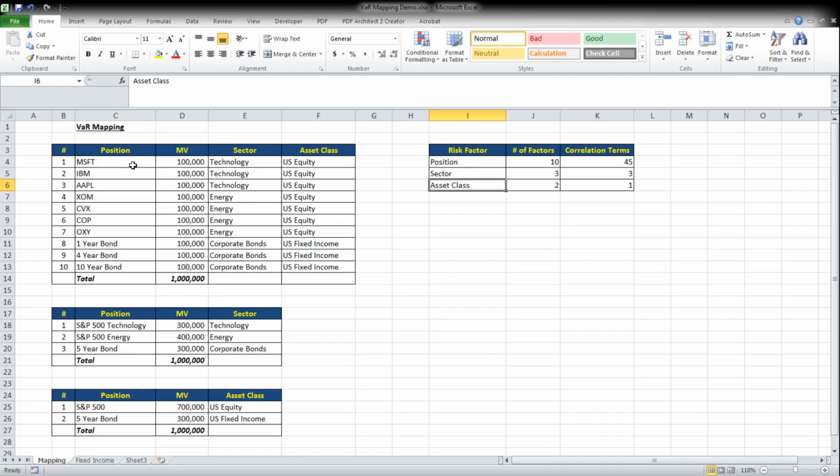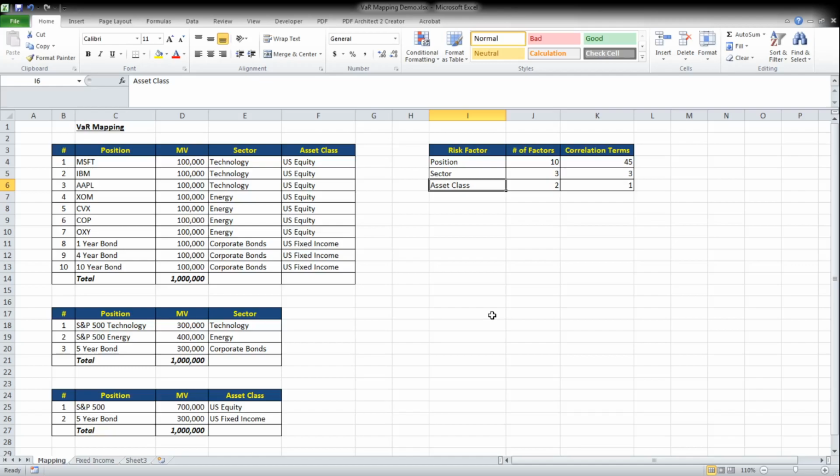So by ignoring the risk factor of each specific position, you lose the accuracy of that information and you also lose the granularity of risk. So instead of actually working with the volatility of ExxonMobil or with the volatility of a one-year bond, you're proxying that risk factor to the S&P 500 sector or the broad index. So that's the disadvantage when you do that.